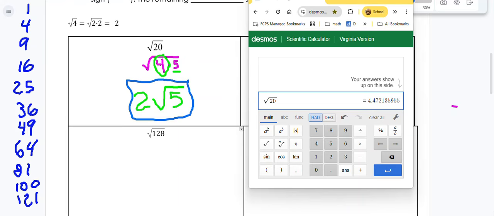An irrational number is a number that goes on forever and doesn't repeat, kind of like pi, right? So anytime we write an irrational number as a decimal, we're rounding it, so it's not the most accurate and correct way of writing it. If we want the most correct way, we have to simplify the radical and keep it like this. You can check this by typing in 2 square root of 5, and I should get the same decimal answer, and I do. So that's an easy way to check to see if you got this right.